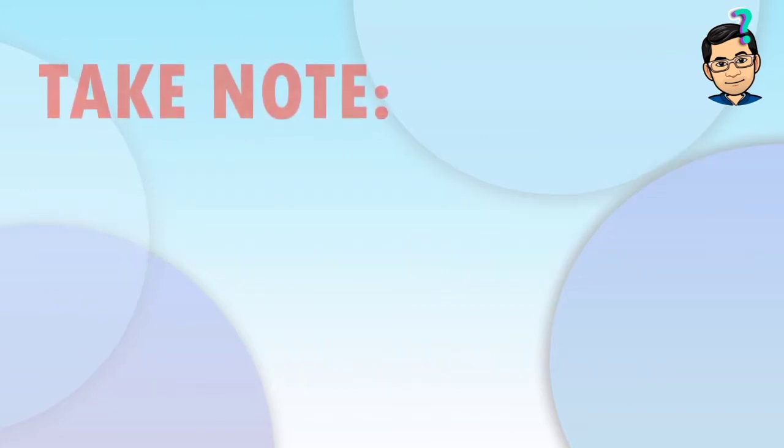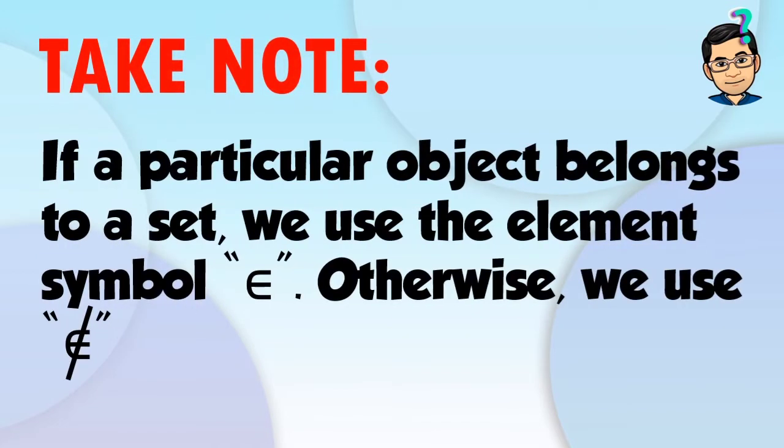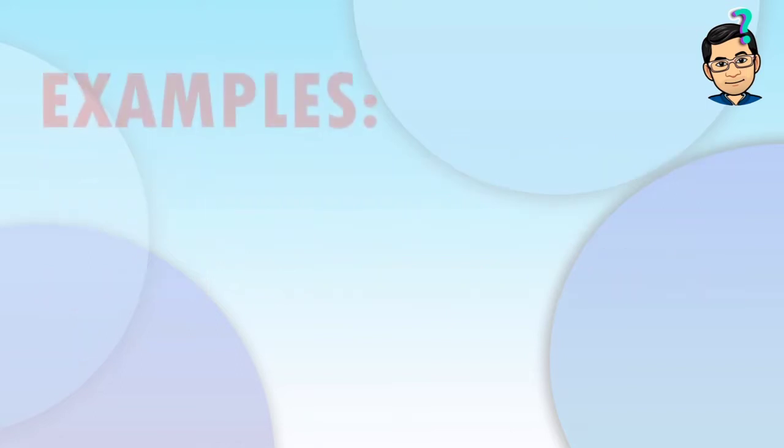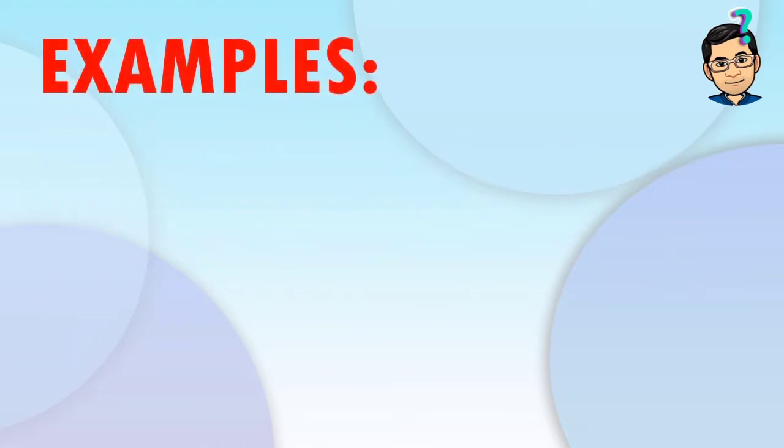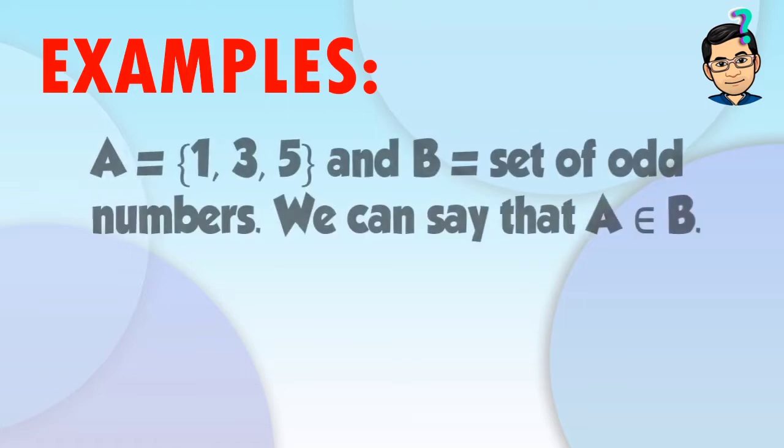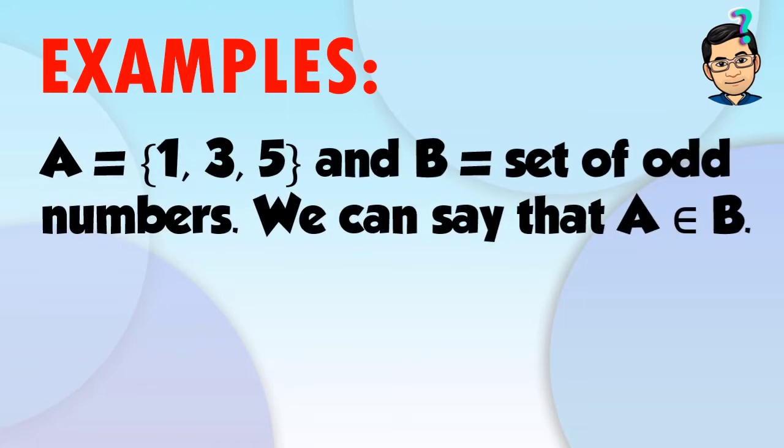So, take note, if a particular object belongs to a set, we use the element symbol. Ayan, yung letter E. Kapag hindi siya element, ginagamit naman yung letter E na meron siyang bar, meron siyang slash. Okay. So, para mas maging clear sa inyo yung discussion about the element symbol, let's have examples. Set A, the elements are 1, 3, 5.